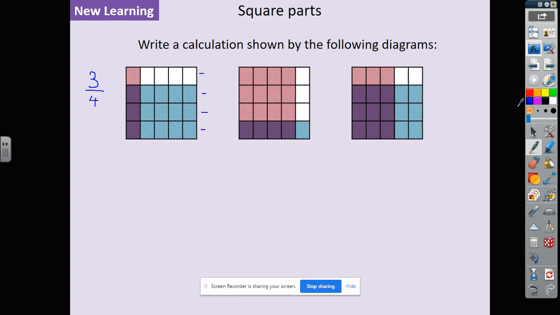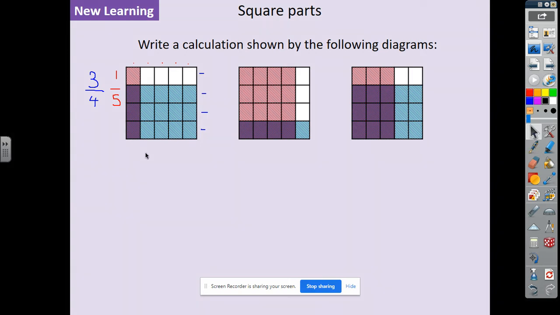And then with the red, it's being split into 1, 2, 3, 4, 5 parts, and it was 1/5 shaded. Okay, so they're the two that you should have been looking at.